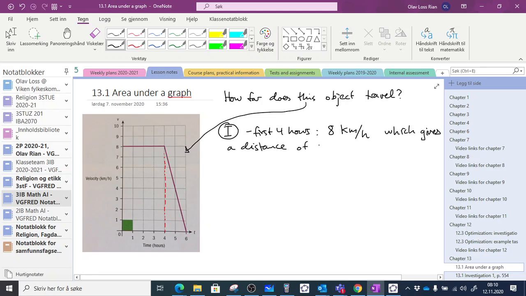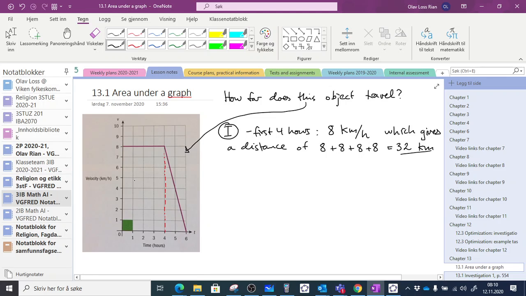You go for 1 hour at 8 kilometers per hour, so that's 8 kilometers. And the second hour, you go at 8 kilometers per hour, so that's 8 more kilometers. You can just add together the first 4 hours, and that gives you a distance of 32 kilometers.